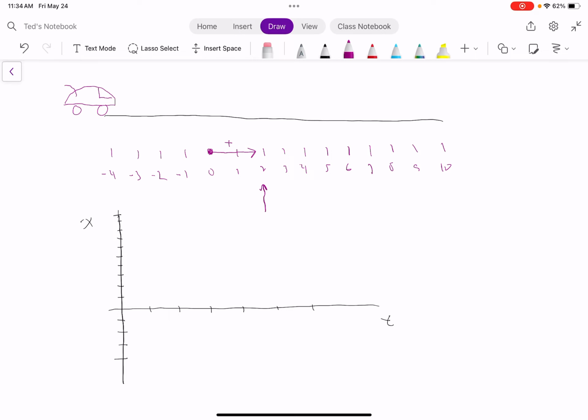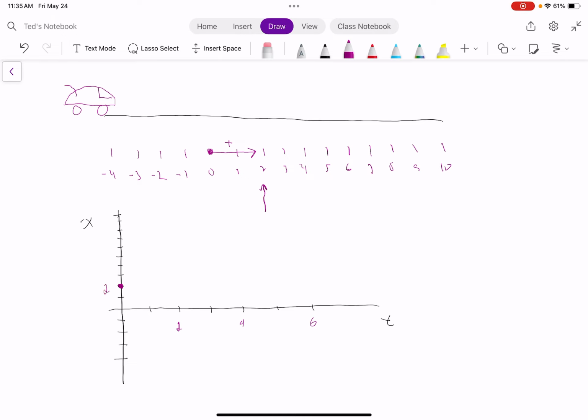So we started our graph right as the object reached x equals 2. So at time equals 0, it was at x equals 2. And for the first 2 seconds, so this is 2, 4, 6, it was moving forward, and it kept moving forward until it got to 8 meters.